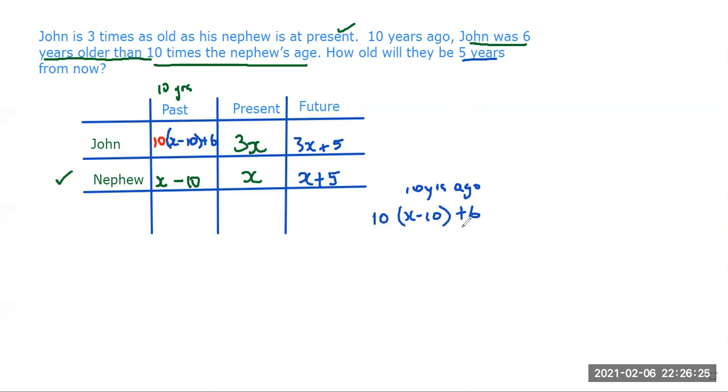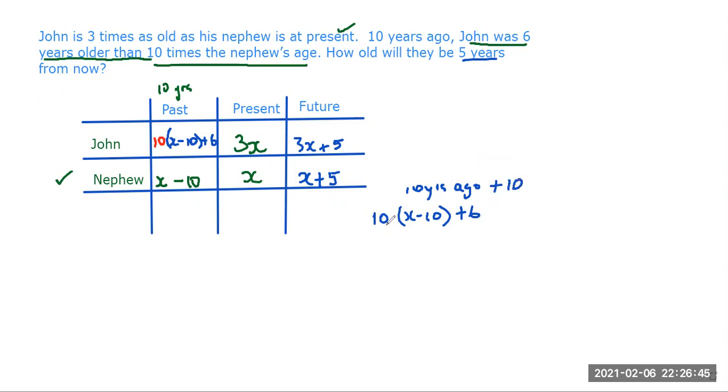Okay. If this is the uncle's age 10 years ago as an expression, to get his current age, forget about the 3x and focus on this one here. This was his age 10 years ago. If we add 10, we basically bring his age up to date.